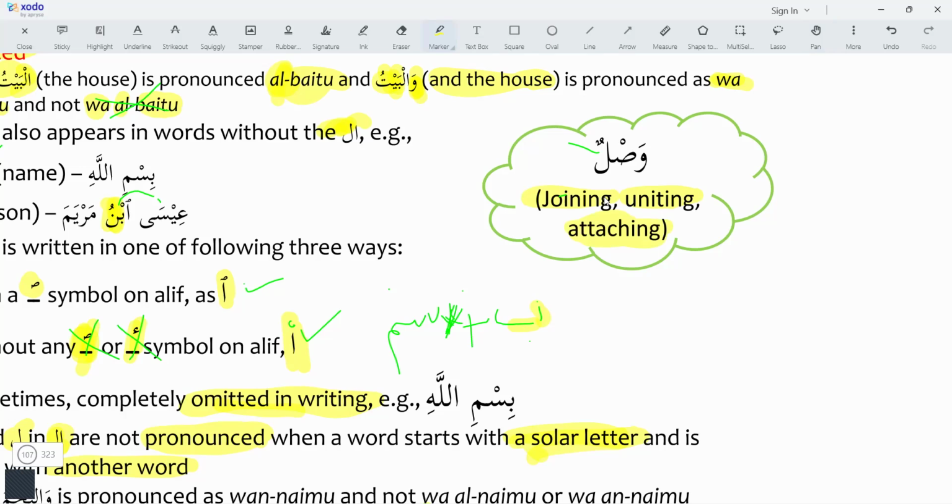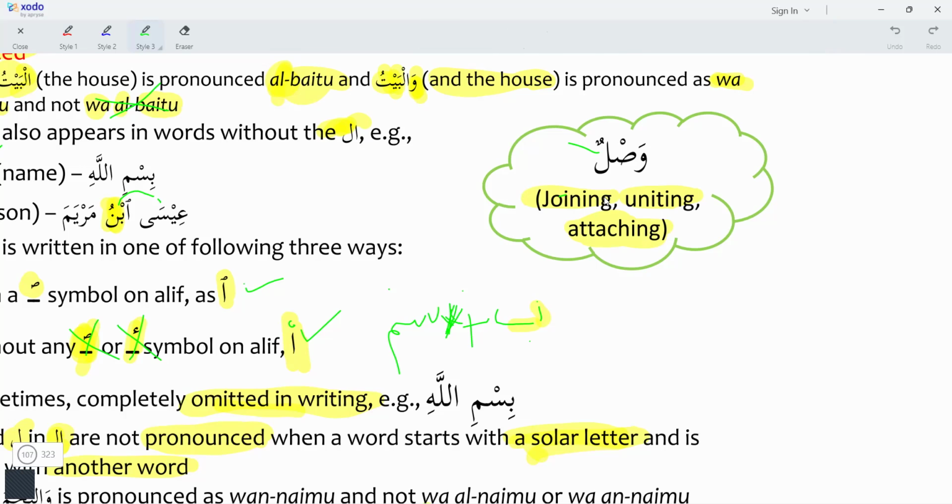As you have learned here, the letter attached, this Hamzatul Wasal is dropped and the previous letter we join with the other letters.